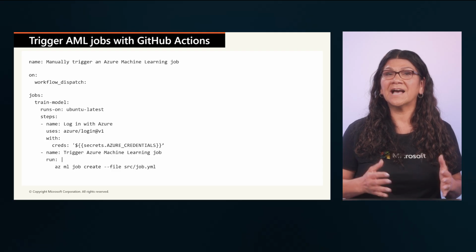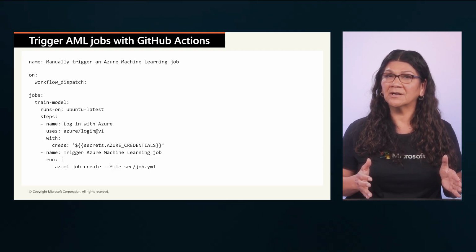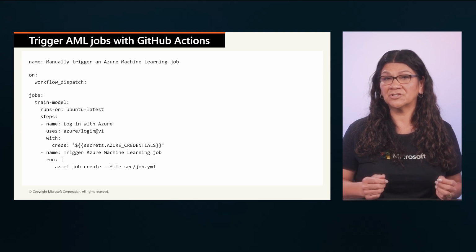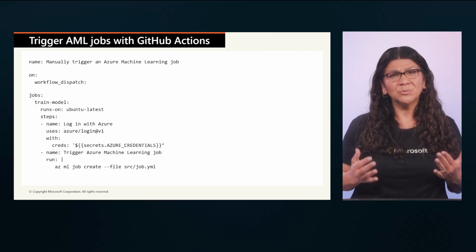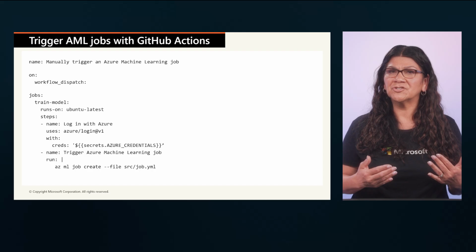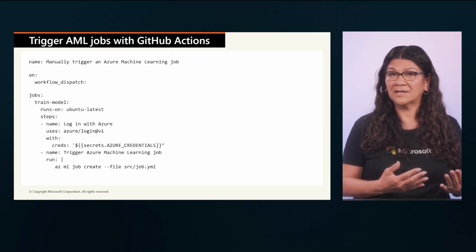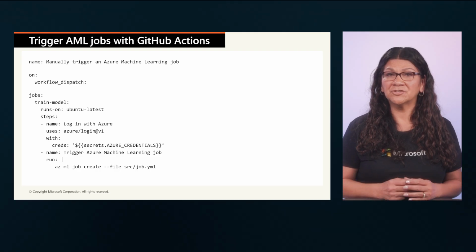This demonstrates how GitHub Actions can automate or manually trigger Azure Machine Learning training jobs as part of an MLOps workflow. A simple workflow logs into Azure, then runs the az ml job create command to submit a predefined training job to Azure ML.